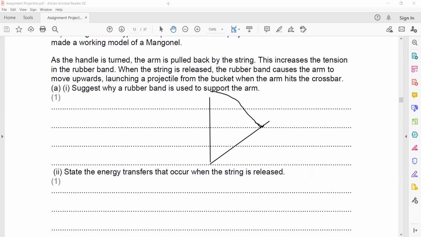And there's a bucket here, and the bucket has a stone. So when we release, the rubber band returns back, transfers the energy and converts it into potential. So the rock will have a projectile motion.